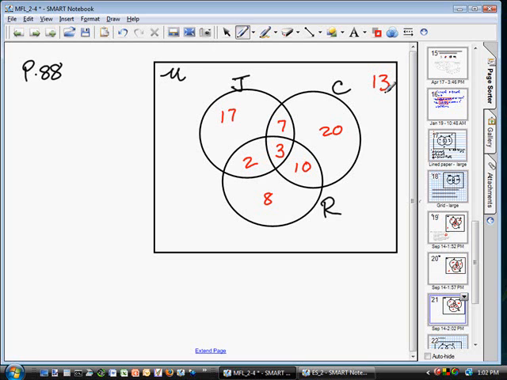Right here, right? But not classical. So now I have to take this and wipe this one off. You see that? Jazz and rock, but not classical. So we're down to 2. Did everybody follow it?